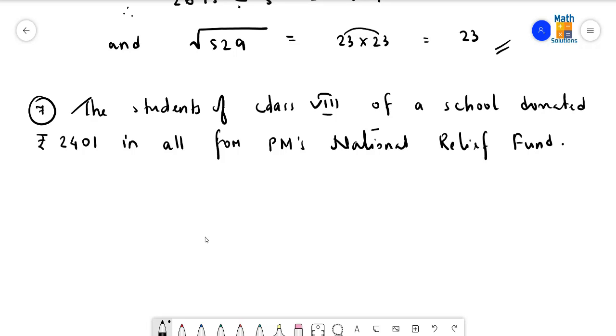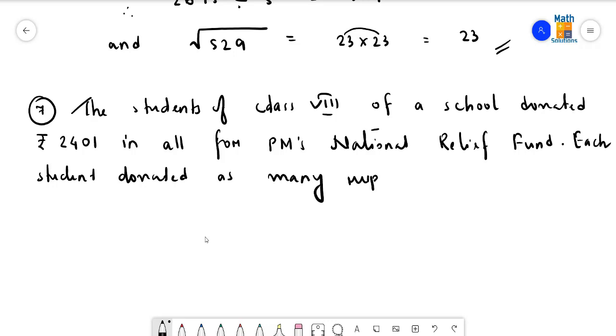Each student donated as many rupees as the number of students in the class.